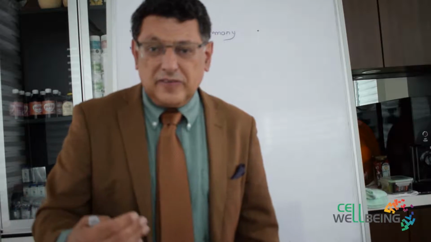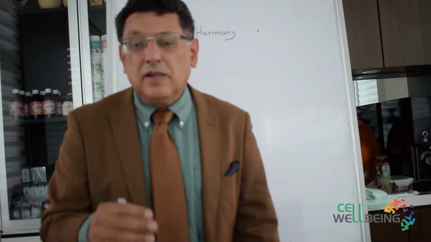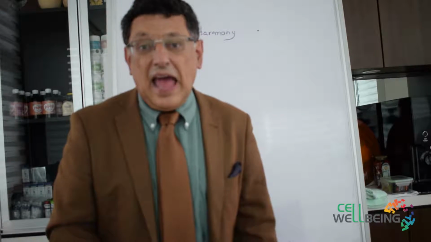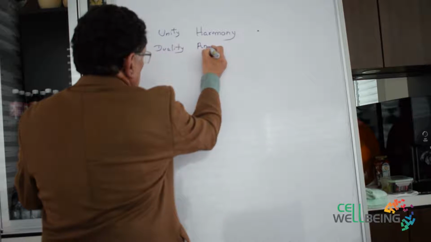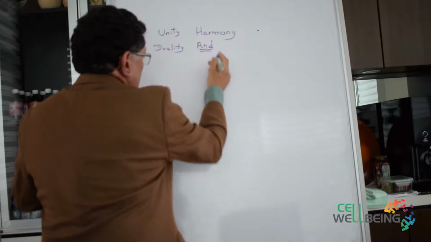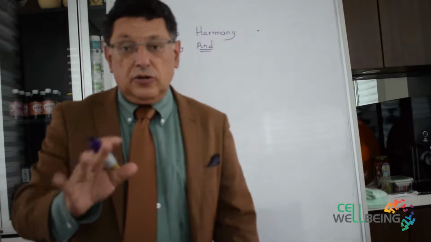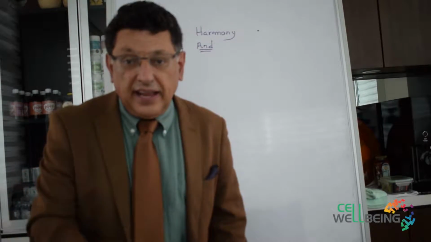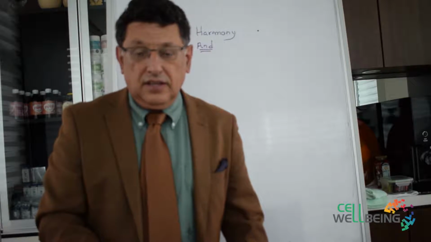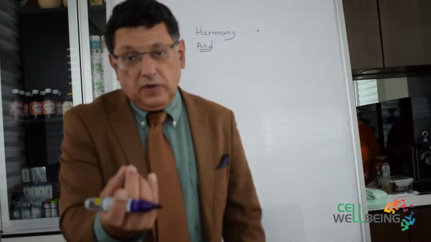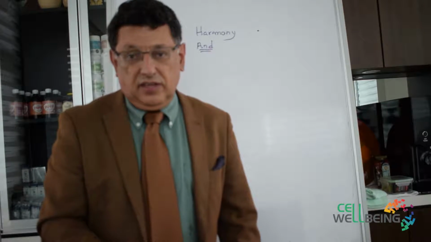So all these concepts are dual, and they all have a conjunction called and. And the word and, it's important because this is right and left, not right or left. Nature always chooses right and left. So we can form a union, a unity.